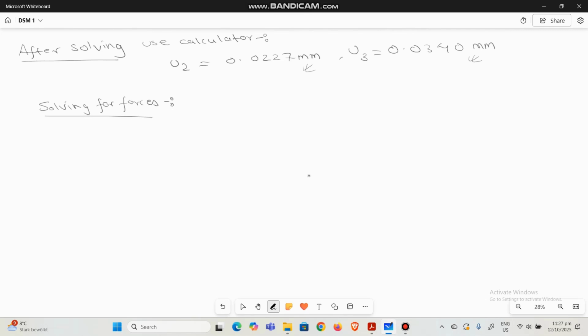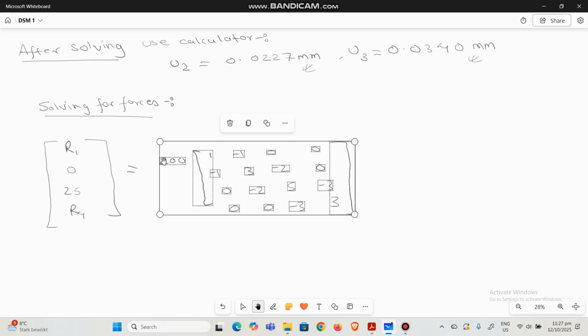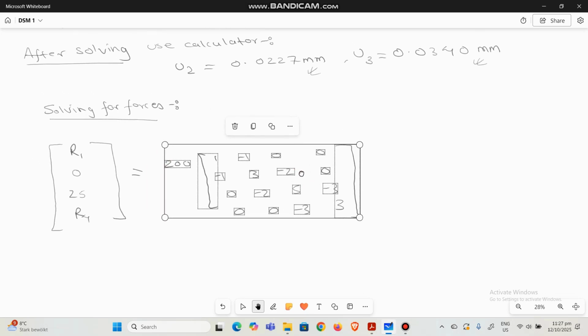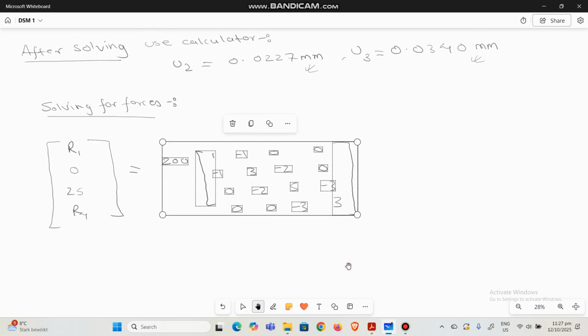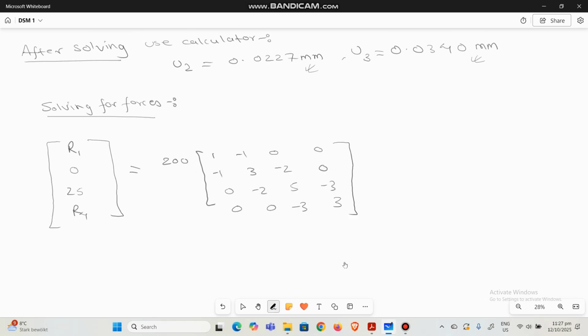So F1 was our reaction 1, and then we had 0 because we had no force, and it's 25 kilonewton, and then we had R4. I will just copy paste this thing, this is the stiffness.